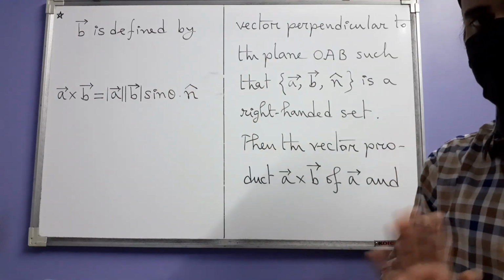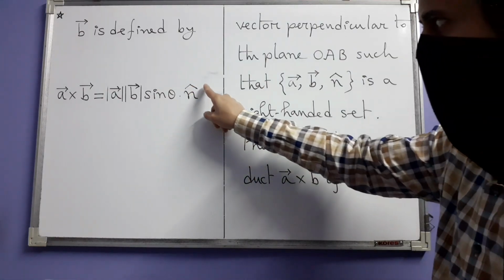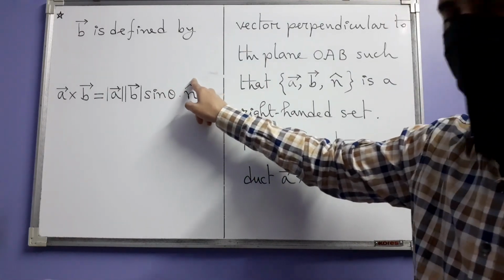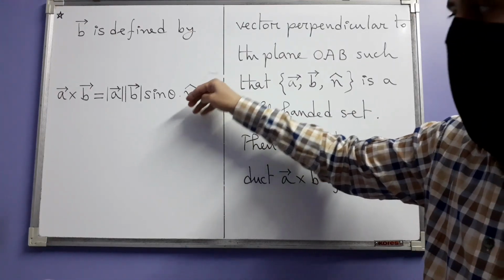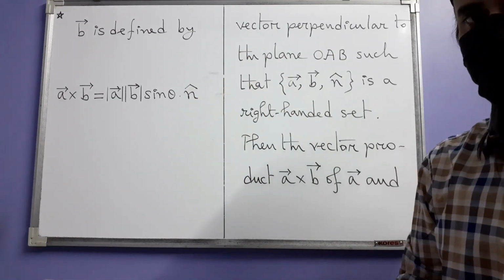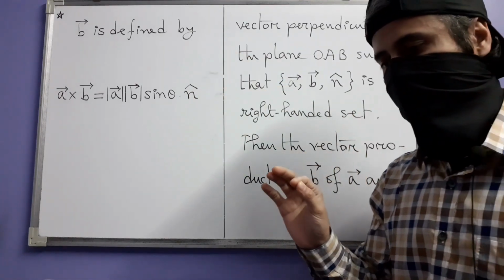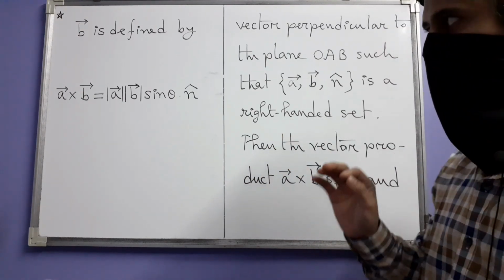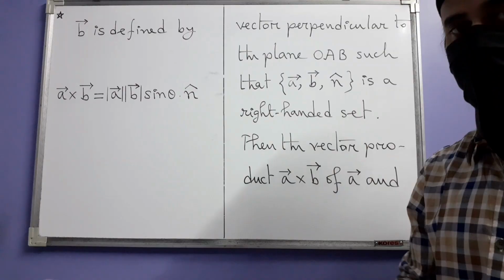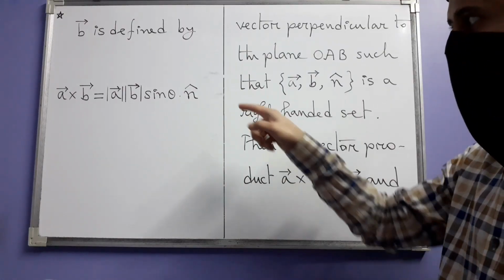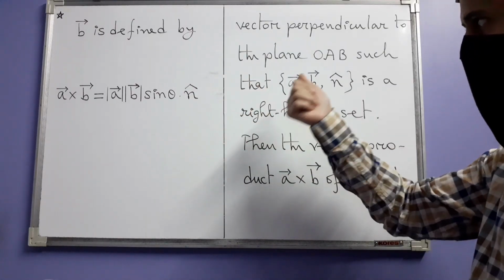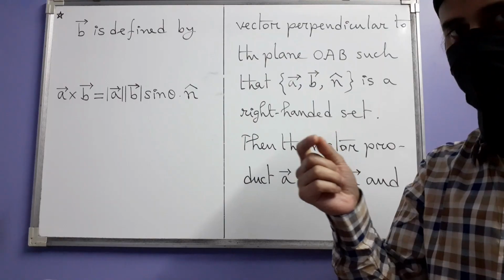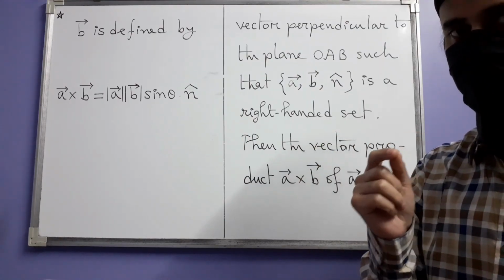So that is one difference. Another difference comes from this n hat. This is a vector. The result of the scalar product of two vectors is a scalar, but the result of the vector product of two vectors is a vector. In this case also and in the previous case also, where at least one of the vectors is the 0 vector.